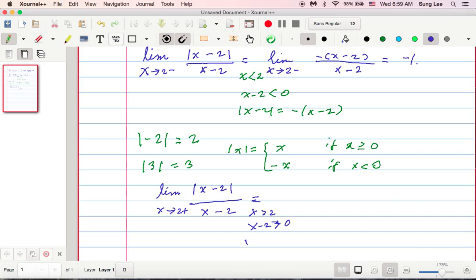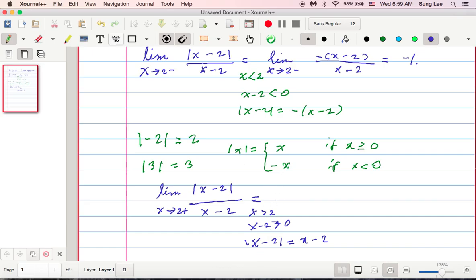So the absolute value of x minus 2 is going to be just x minus 2, because x minus 2 is positive, right?